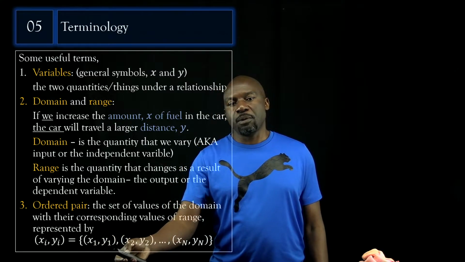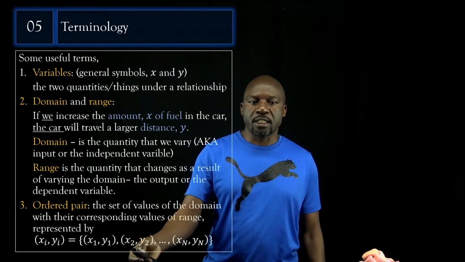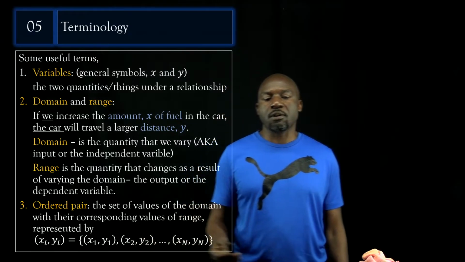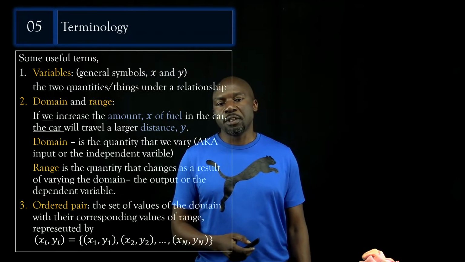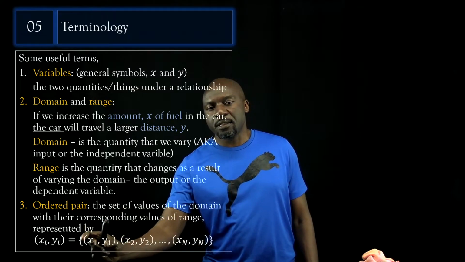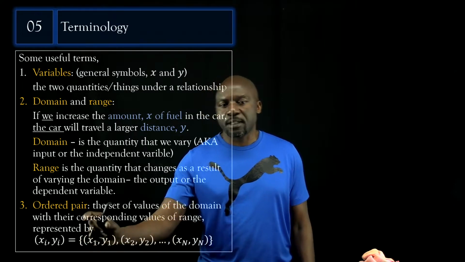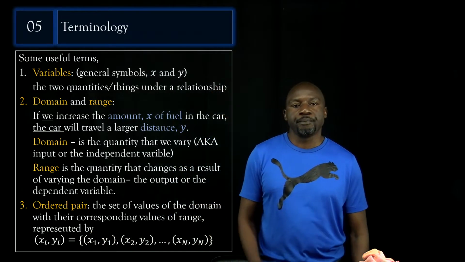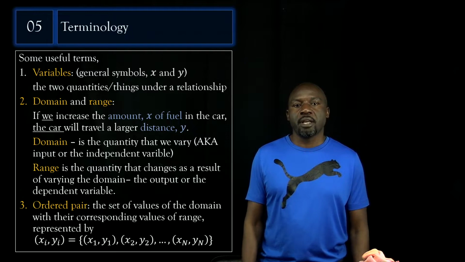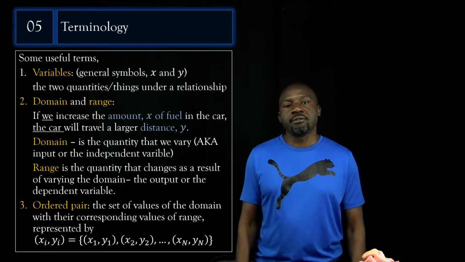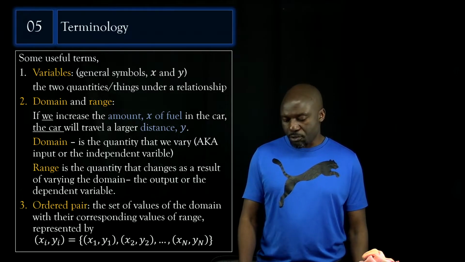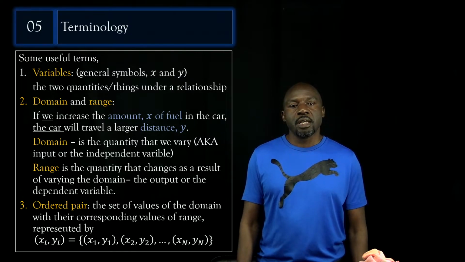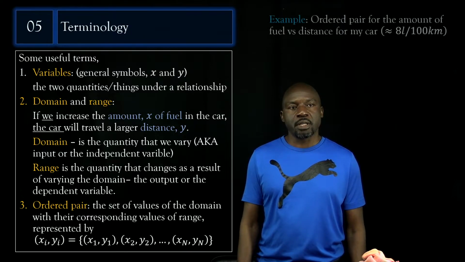If the fuel we put in is 5 liters, the distance we can cover will have increased, and so on. The more fuel you put in, the more distance. So when we put the fuel versus its corresponding distance, we call this an ordered pair. Okay, so the language of ordered pairs is going to be crucial. The idea of domain and range is something that you already know, but we will be using it more often now that we are going through this.